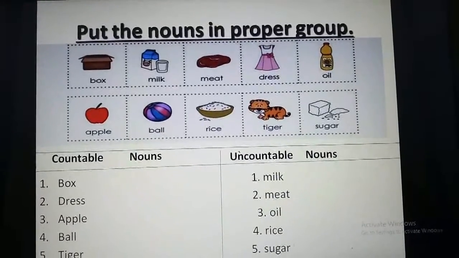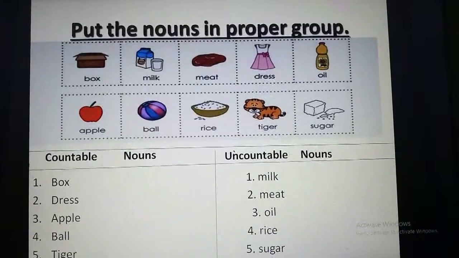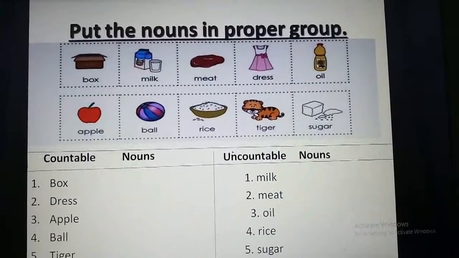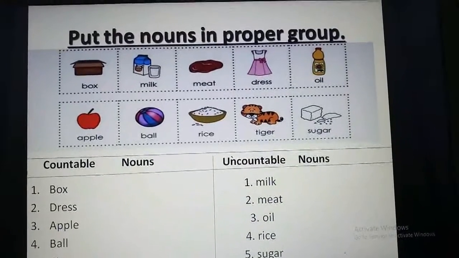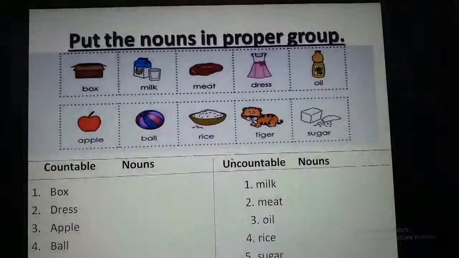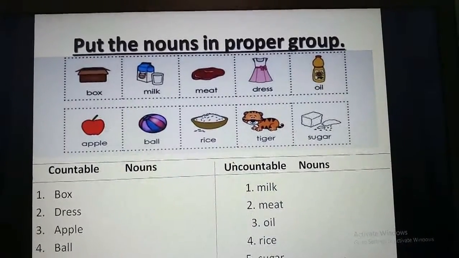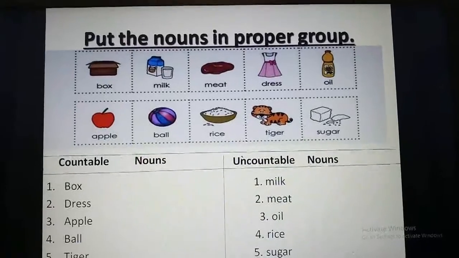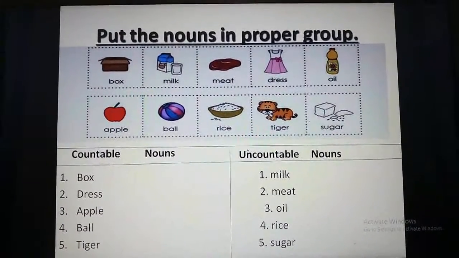Meat, can we count meat? 1 meat, 2 meat, 3 meat? No. So, it will come in uncountable nouns. Dress. Yes, dress we can count. I have 1 dress, 2 dresses, 3 dresses, 4 dresses. So dress is countable. So we will write dress in countable nouns. Oil.